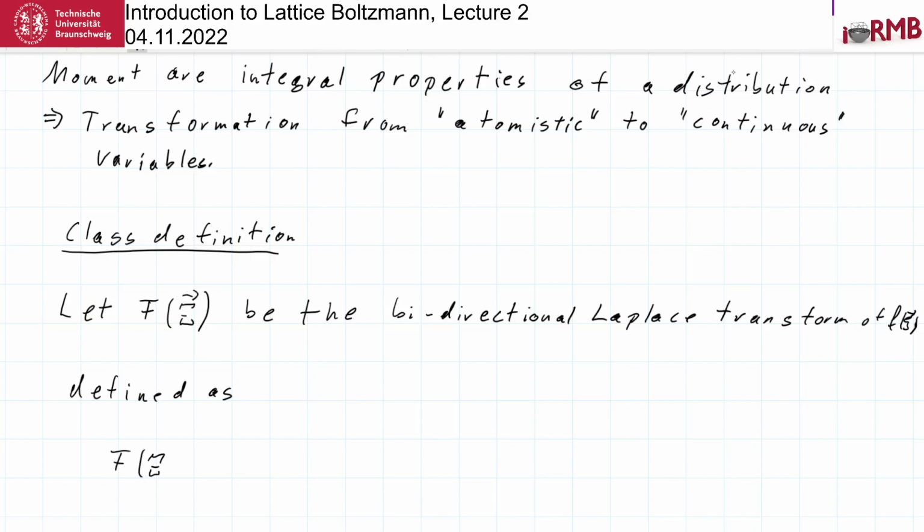But there are many of these things in kinetic theory. For example, the H function is the inverse of the entropy, so they have the wrong sign. And here with this Laplace transform, we also have the wrong sign. So actually, it's not the Laplace transform, but the inverse Laplace transform.